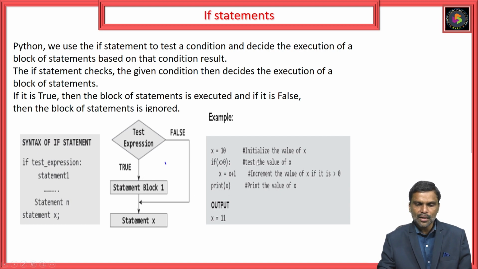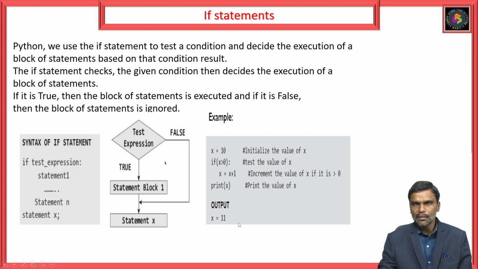Similarly, a simple example I have given here: x is equal to 10. In the condition, we are checking whether x is greater than 0. If x is greater than 0, then colon, and this is the indentation we learned in the basics at the beginning of the class. This creates the block of this if condition. Then x is equal to x plus 1, then print x.